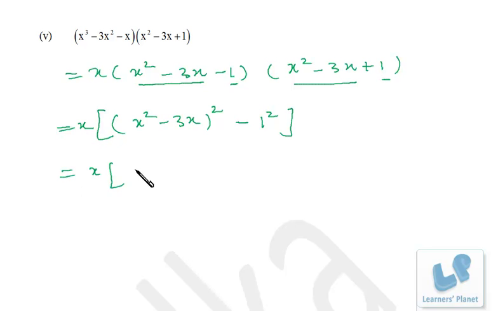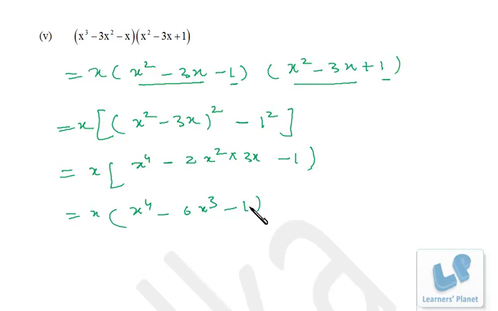Now what? This is a minus b whole square, that is a square minus 2ab, that is 2x square into 3x, minus 1. So it's x4 minus 6x cube minus 1. I'm sorry, I forgot one term over here. It is a square minus 2ab plus b square.